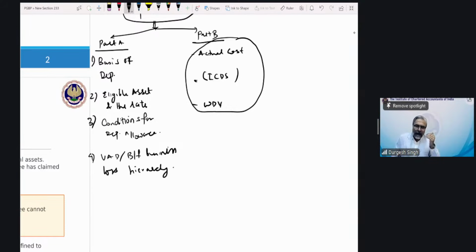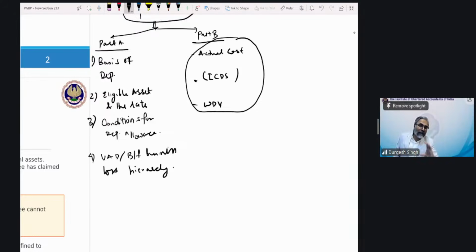Fine. After that, students, the block scheme. The next one was the block scheme. I gave you the format, students, in the last lecture. In that particular format, I told you that there is an opening WDV, then the additions are being made, and the additions, students, are being made on actual cost.